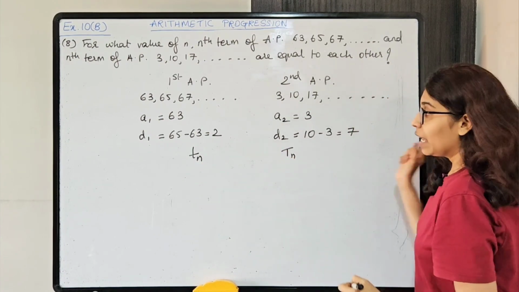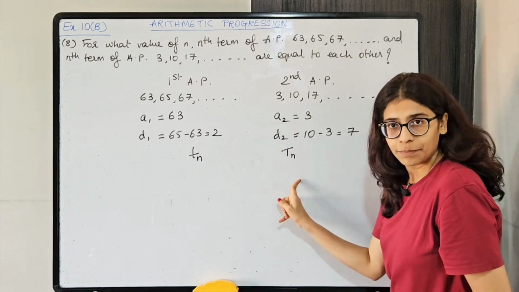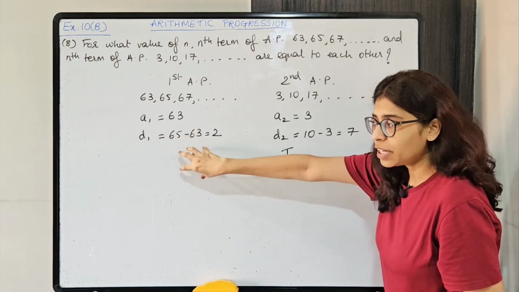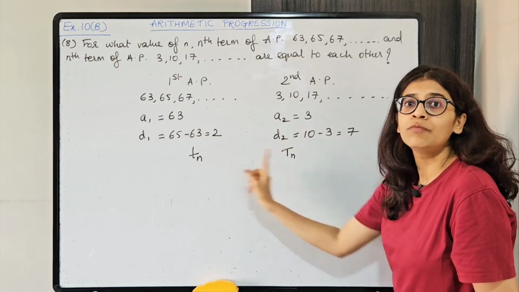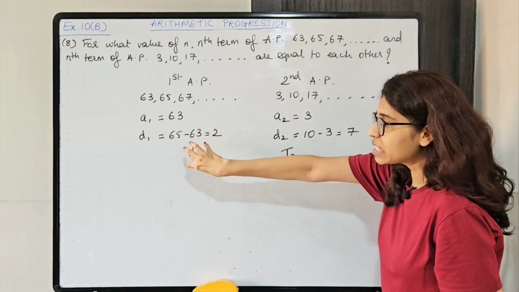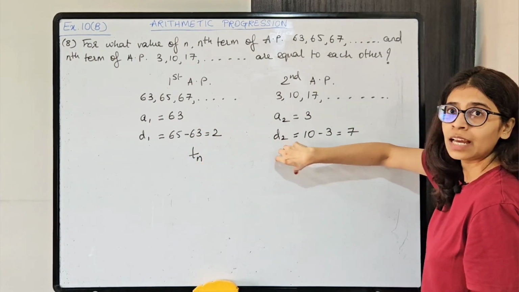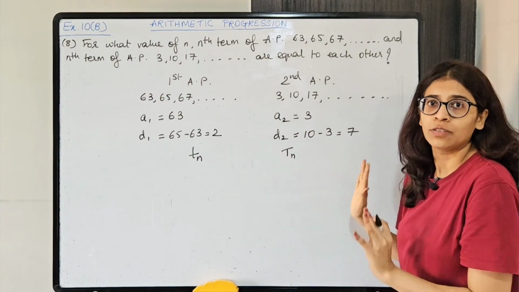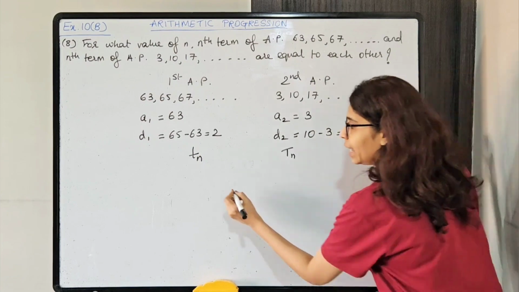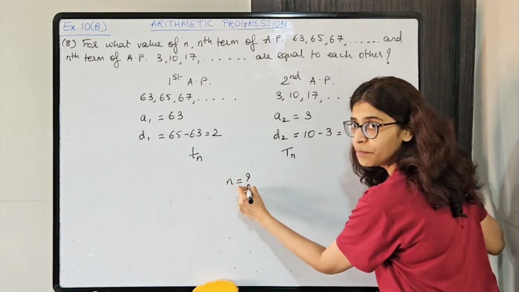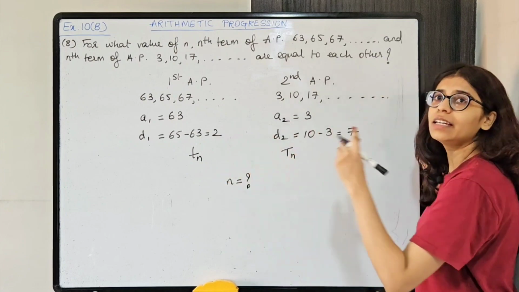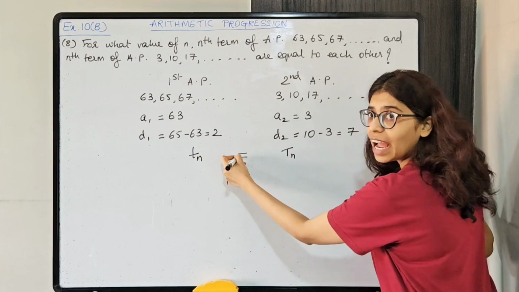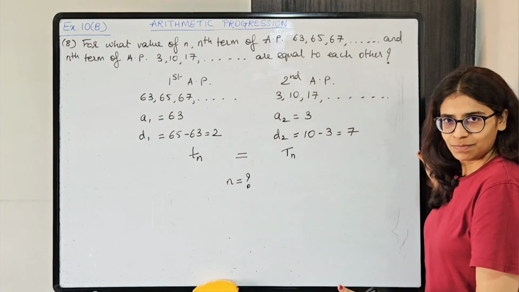Okay. n is same. अगर इसका 10th टर्म है तो इसका भी 10th टर्म है एंड 10th टर्म विल बी इक्वल फॉर बोथ द एपी. अगर इसका 11th टर्म है तो इसका भी 11th टर्म है एंड 11th टर्म ऑफ बोथ द एपी आर इक्वल. दैट इज व्हाट दे हैव गिवन. ओके, सो फॉर व्हाट वैल्यू ऑफ n का ऐसा कौन सा वैल्यू है जिसके लिए बोथ द टर्म्स आर इक्वल. सो बेसिकली टर्म्स आर इक्वल and n is also equal.